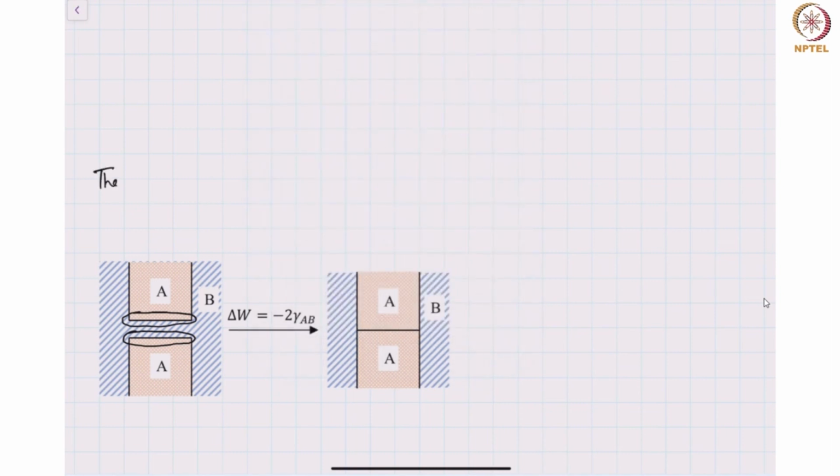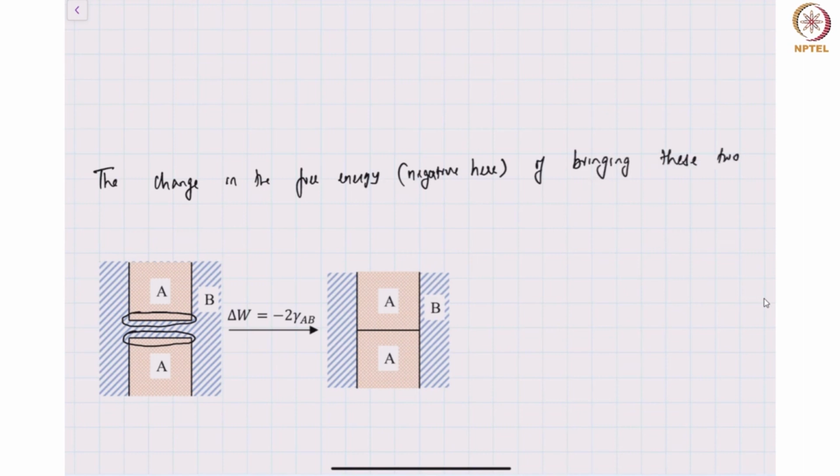The change in the free energy, in this case, is negative, of bringing these two surfaces together, by -2 gamma AB.